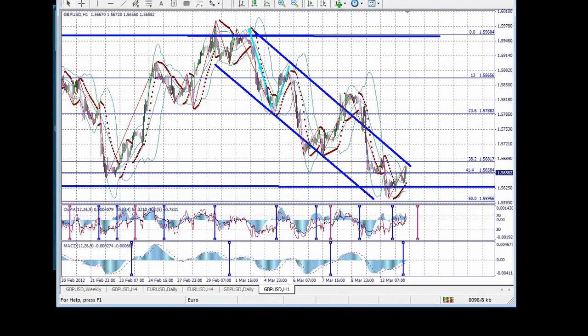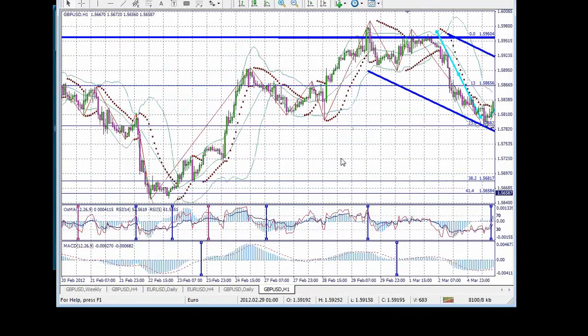So here wave 1, wave 2, wave 3, wave 4, let's say like this, wave 5, and now we are waiting for one corrective move.